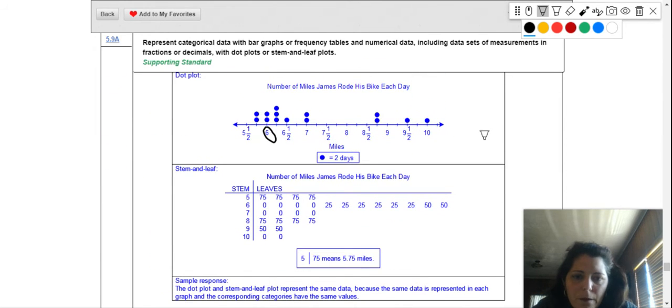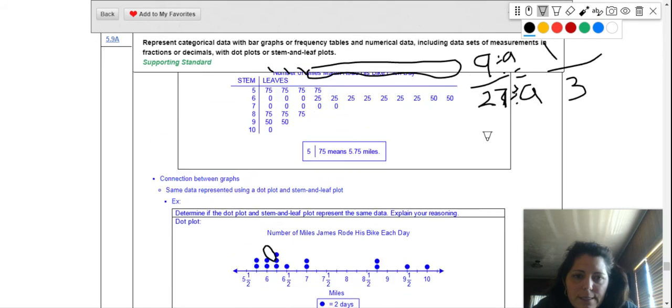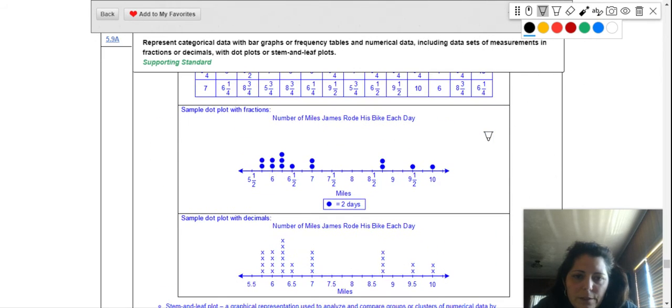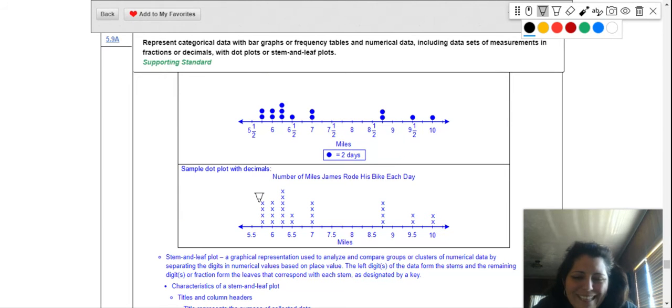All right, guys. So as you can see, you can use stem and leaf. You can use a dot plot. Here's another dot plot. Now look at this dot plot. This dot plot has X's on it instead of dots.